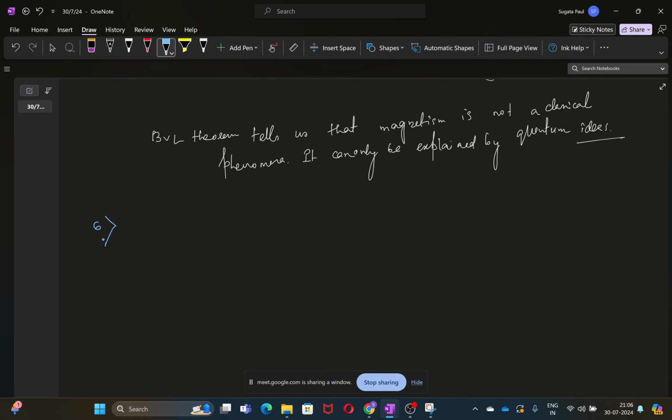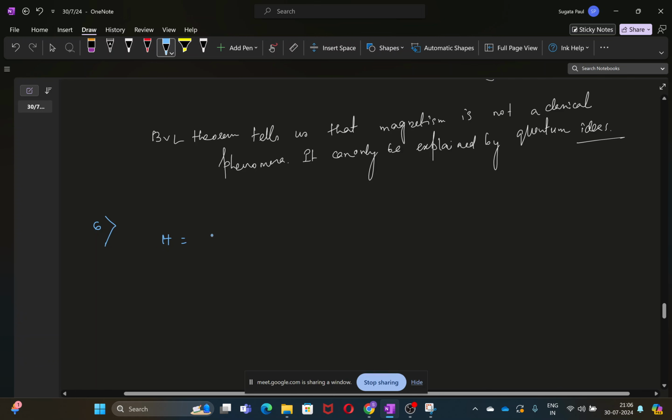So basically, if you look at the Hamiltonian of the system, you can follow the lecture notes for the detailed discussion or derivation, but it can have a formula like this: T0 plus mu_B times (L plus g S) vector dot B, where mu_B is the Bohr magneton, the standard unit of magnetic moment.